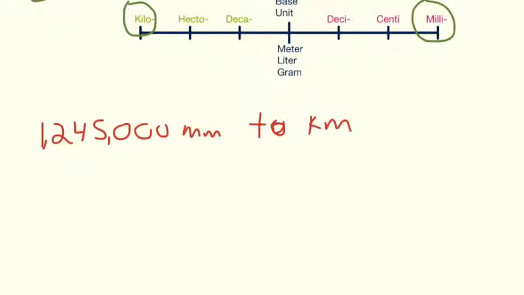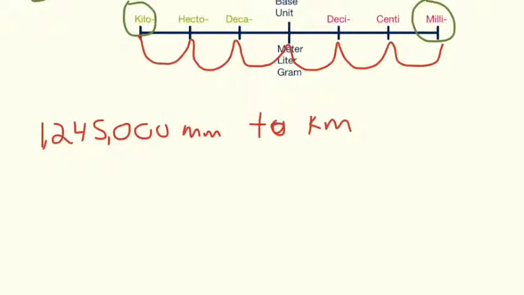Okay, so how many steps do I need to take? I'm going from milli to kilo, so I'm going left. 1, 2, 3, 4, 5, 6. So that's how many steps to the left I need to move my decimal.